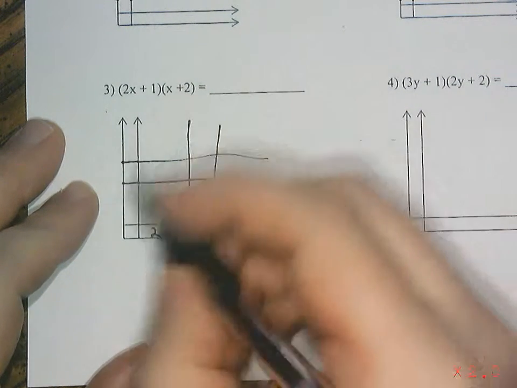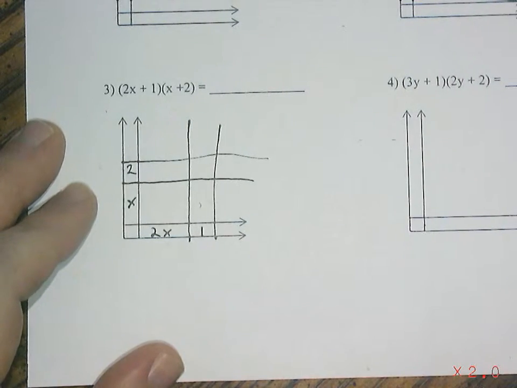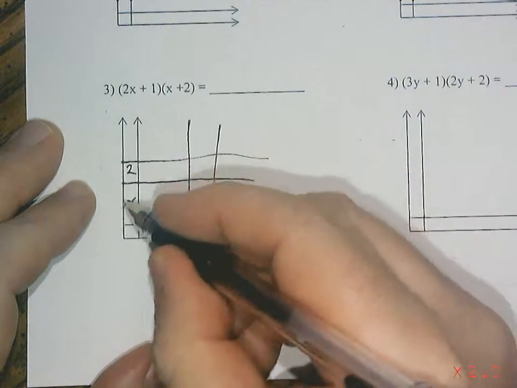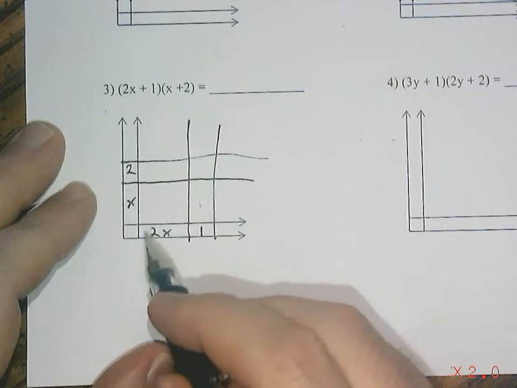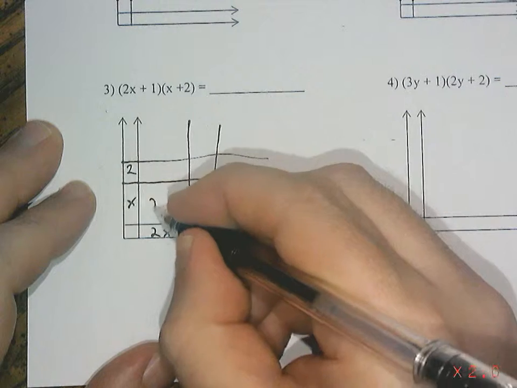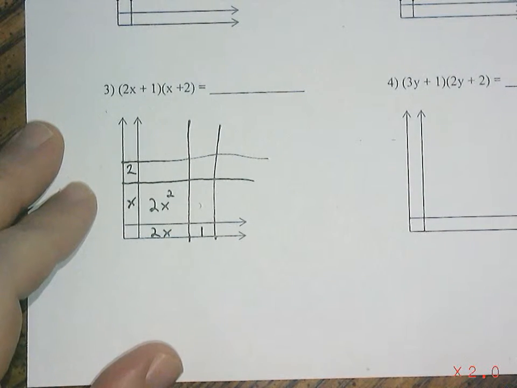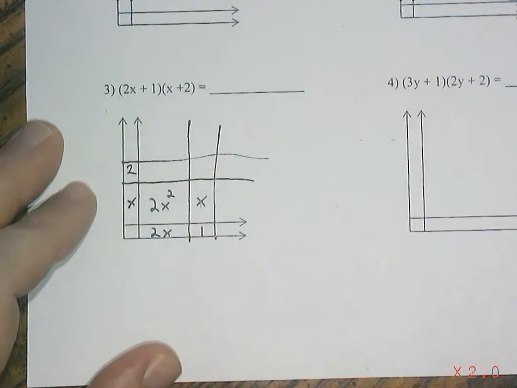Okay, and then I've got x plus 2 right there. So I go through and multiply x times 2x. Now, the 2 doesn't have anything to multiply with, so it just stays in front. But the x's would multiply together, and I would get 2x squared. Okay? And then x times 1 is just x.